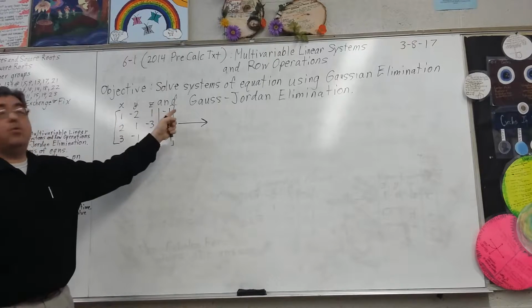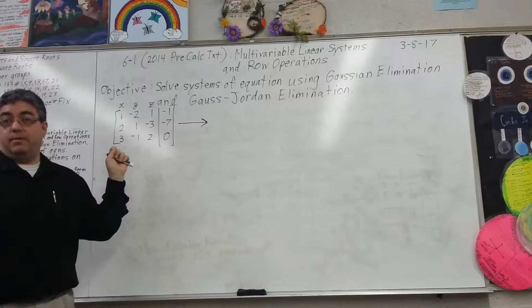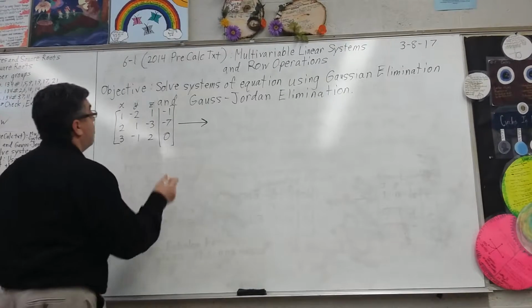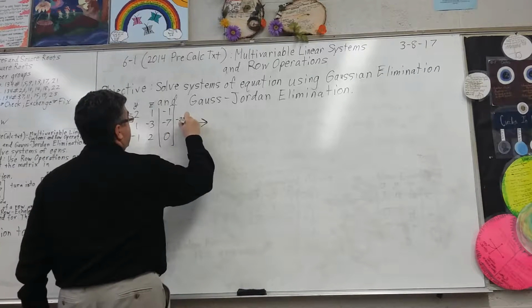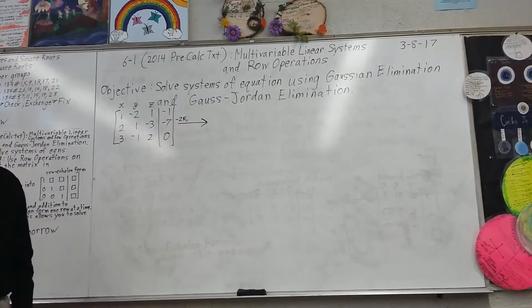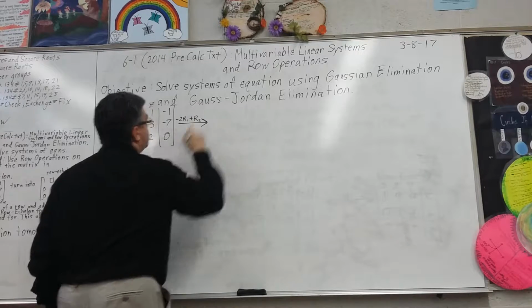Remember, each row represents an individual equation, right? So what I'm going to do is -2 times row 1, and I'm going to add that to row 2.